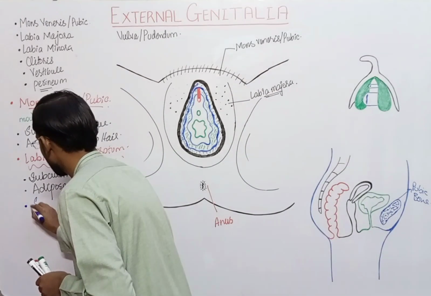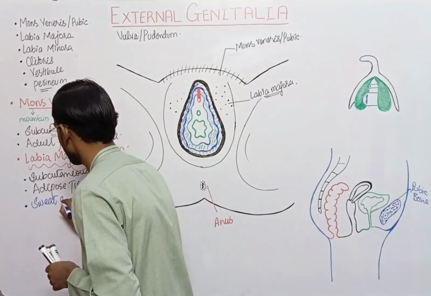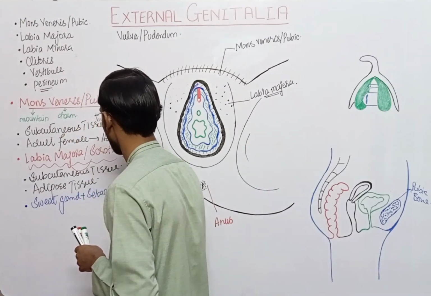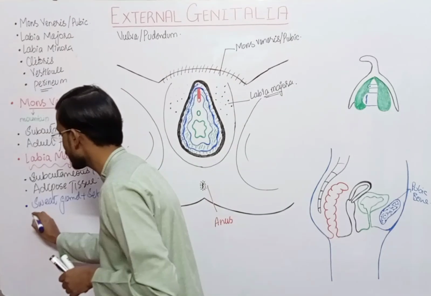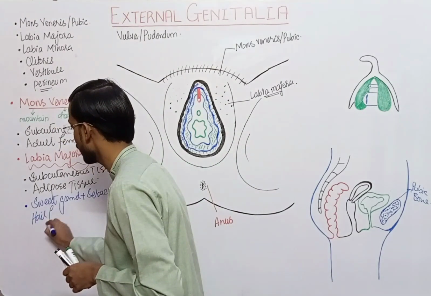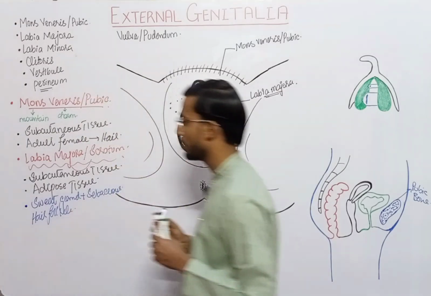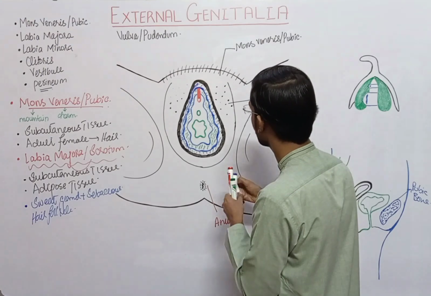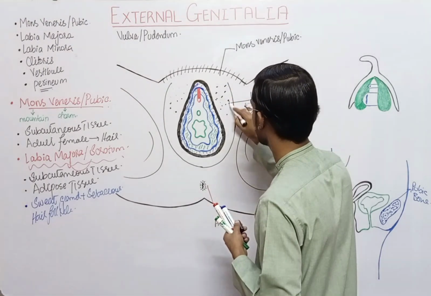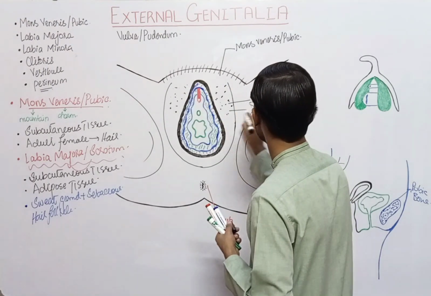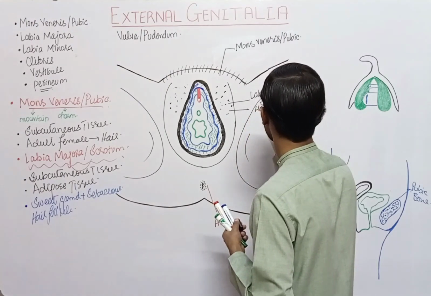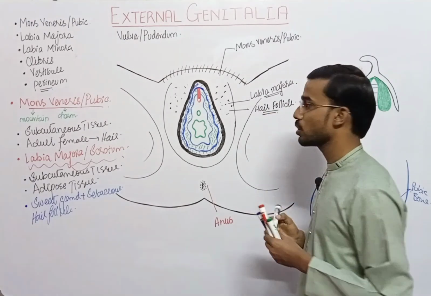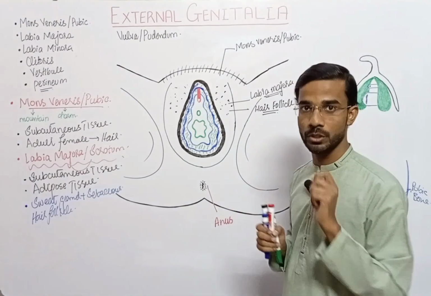The first is the sweat gland, the second is the sebaceous gland, and the last is the hair follicle. Here you can see a lot of hair follicles present on the labia majora.